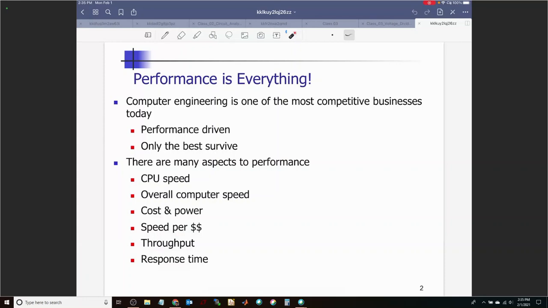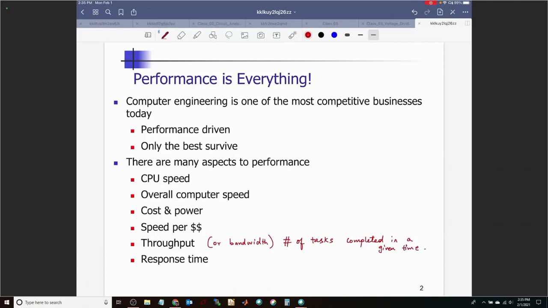Throughput, or bandwidth, is the number of tasks completed in a given time.